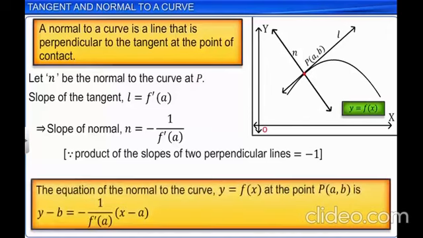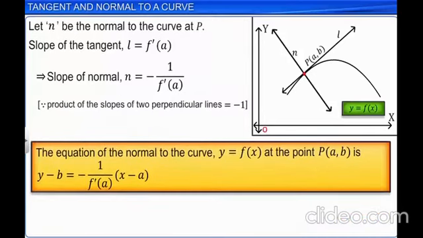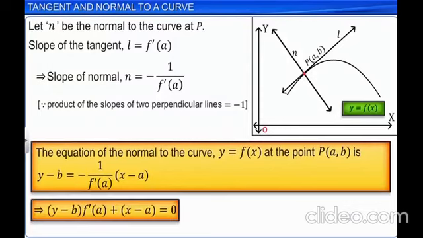The equation of the normal to the curve at the point P(a, b) is y minus b is equal to minus 1 upon f'(a) into (x minus a). On simplifying, we get the equation of the normal as (y minus b) into f'(a) plus (x minus a) is equal to 0.